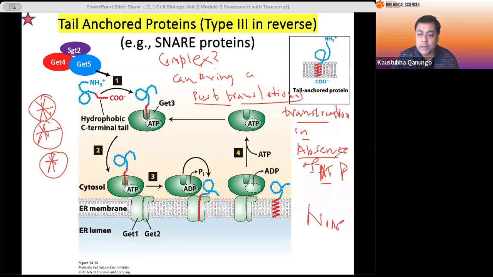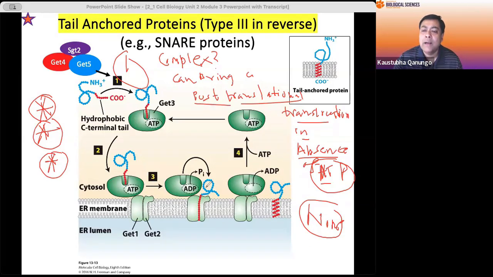This is one variation of the question: which complex can do post-translational translocation in the absence of ATP? None, because GTP is for co-translational translocation.